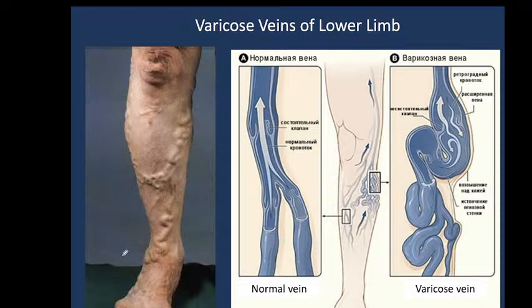Such varicose veins may have thrombosis, and that is a real danger for life, because the thrombus can be transported from the vein directly to the heart, to the right atrium, then to the right ventricle, and then to the lung vessels, and it may make an embolus in the lung vessels, which is a very dangerous situation.